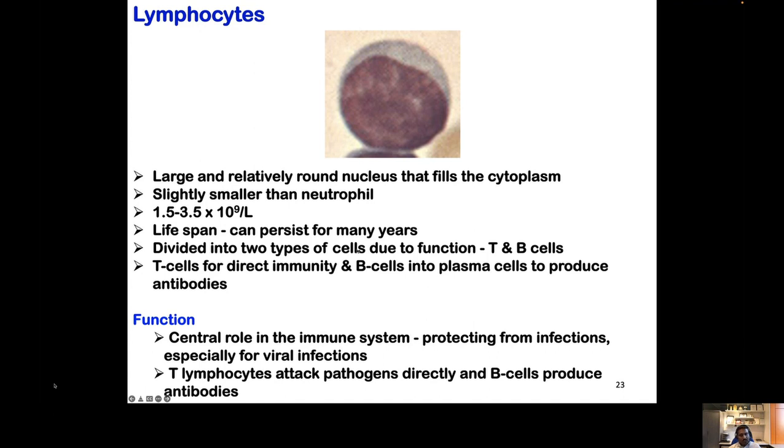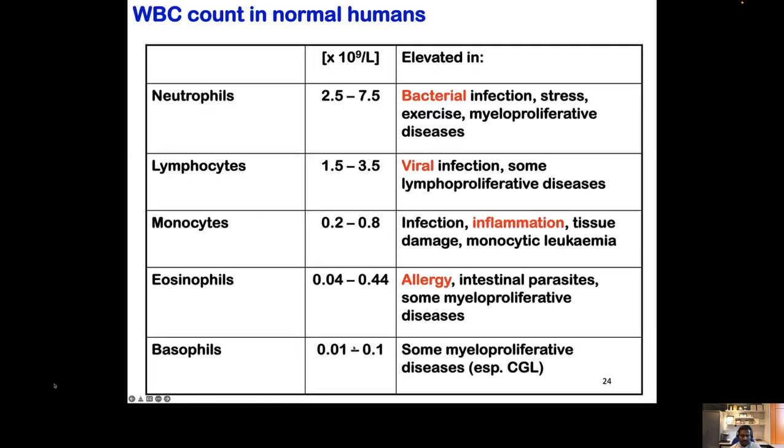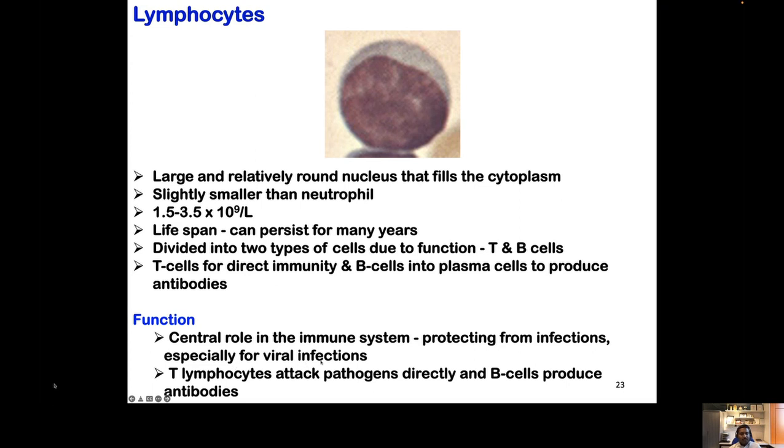They are divided into two categories, T lymphocytes and B lymphocytes. The T cells are important in direct immunity, and the B cells are important to produce antibodies. Their main function again is in immunity. They play a central role in the immune system, protecting us from infection, especially viral infection. Particularly, T lymphocytes play major roles during viral infections.